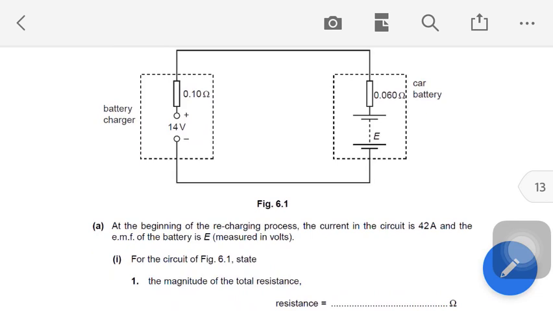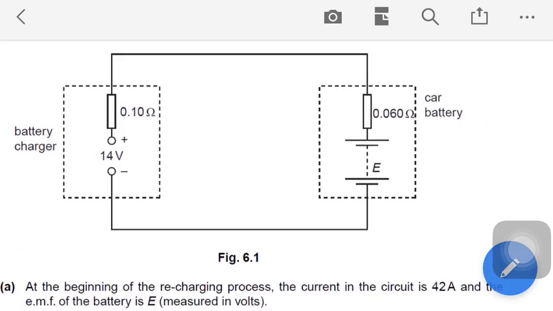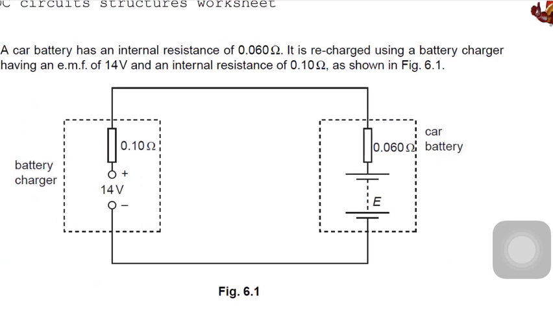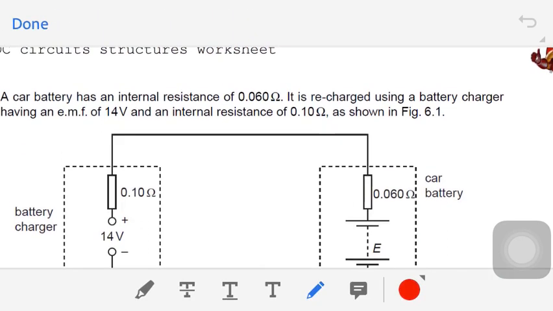But what we mean by direction is that in this circuit the current should actually go clockwise, right? Then only the battery will get charged up. It should go like this. But if you have taken the EMF of the circuit as E minus 14, saying that E is greater, that means you are saying that the current is going anti-clockwise. That's not possible. The current should go clockwise.